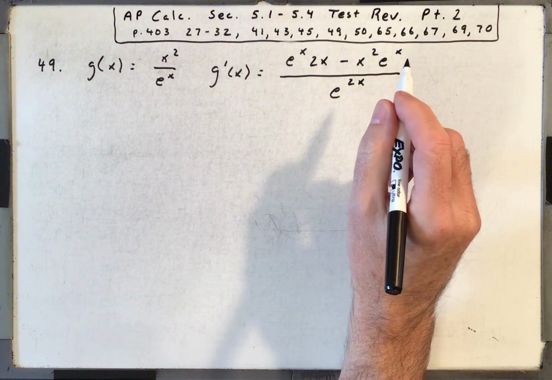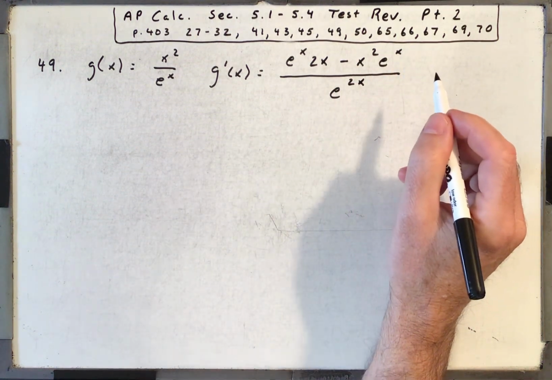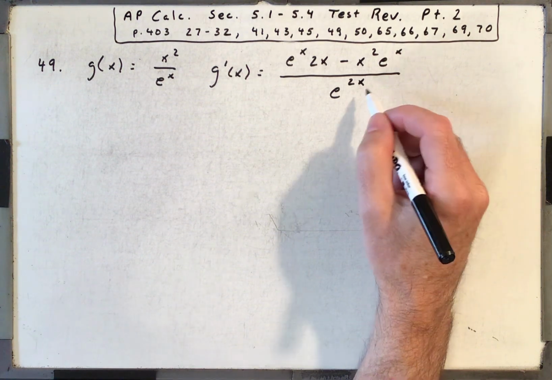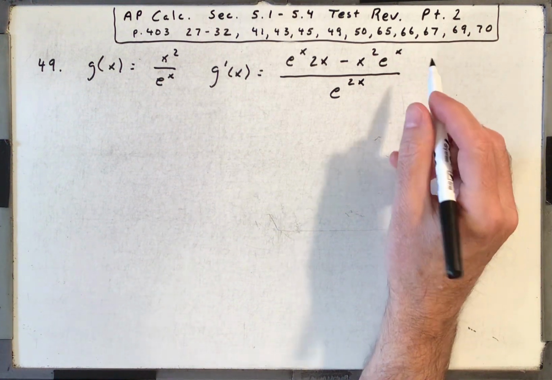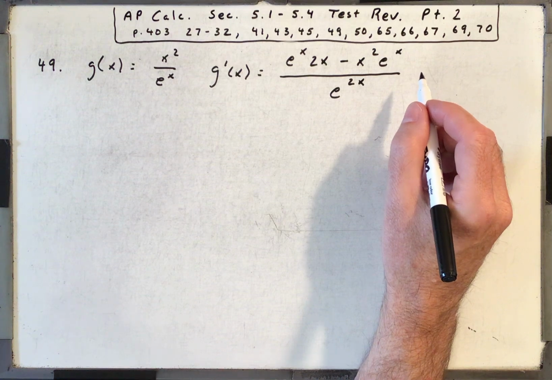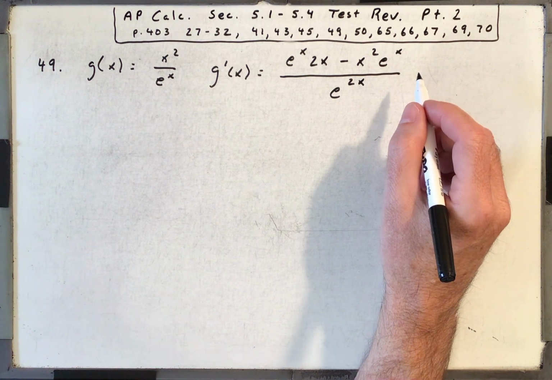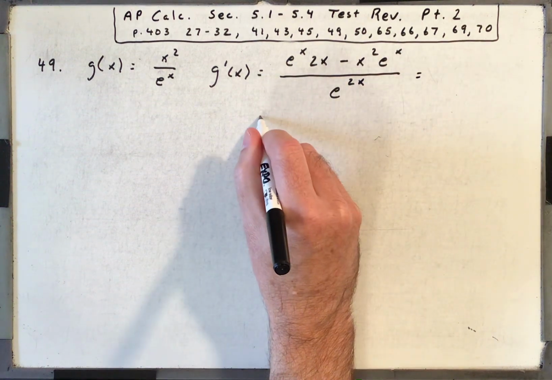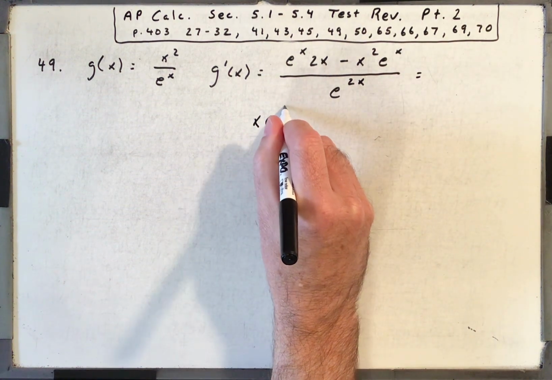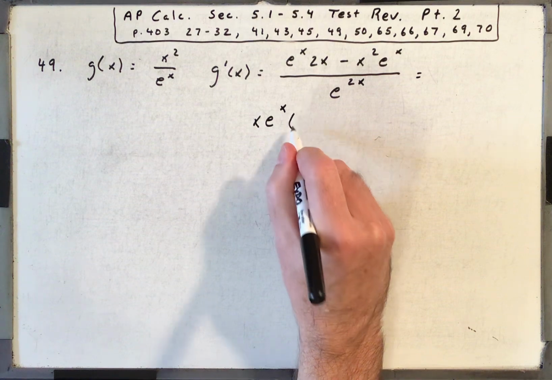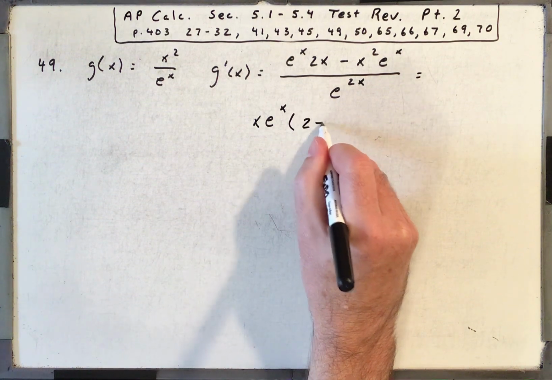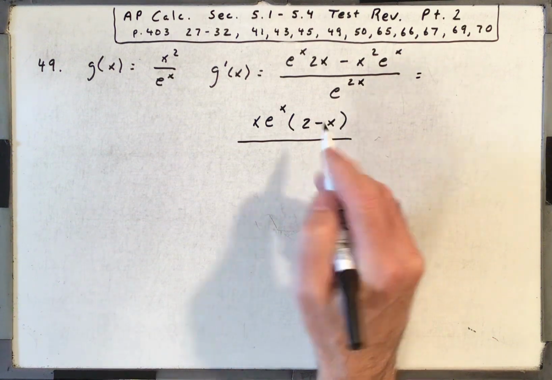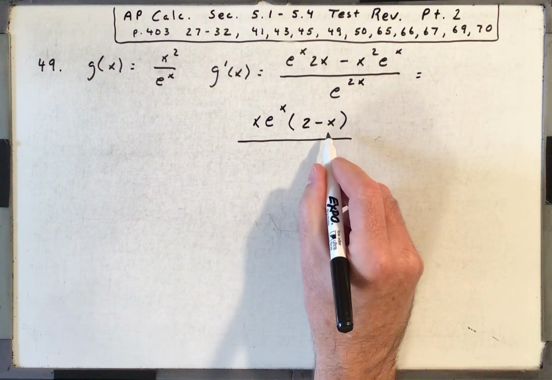All right, so let's see if there's anything that we could cancel here. We could factor out an x e to the x on top, and you'd be left with 2 minus x. So distribute that if you disagree with me, but that would work.